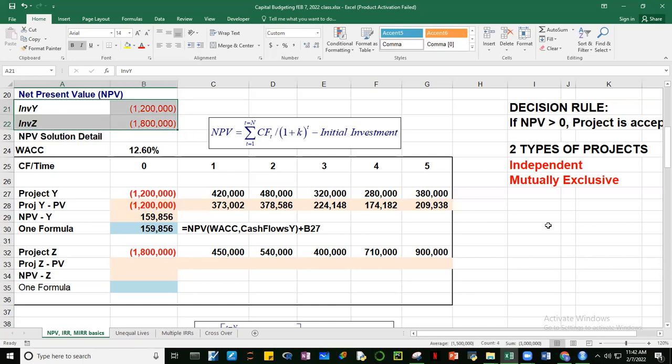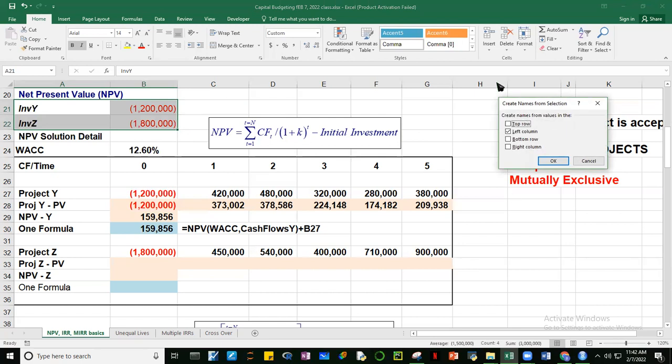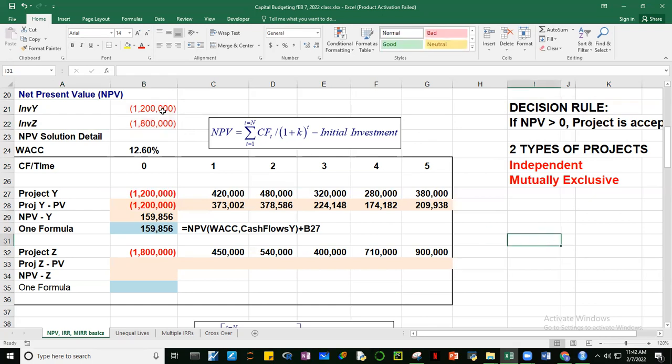Okay, and then I'm going to Control Shift F3. Okay, create names from the values of the left column. I'm going to call this investment in Y, investment in Z. All right, so may pangalan na to. Yan, investment in Y. Ito, investment in Z.